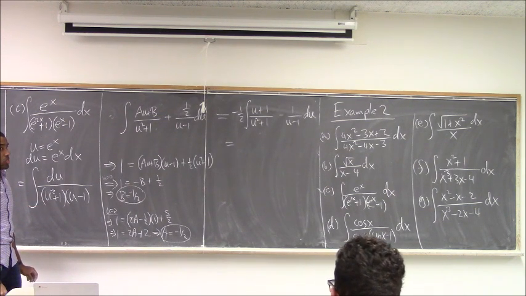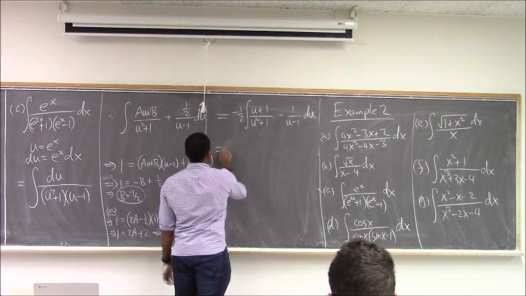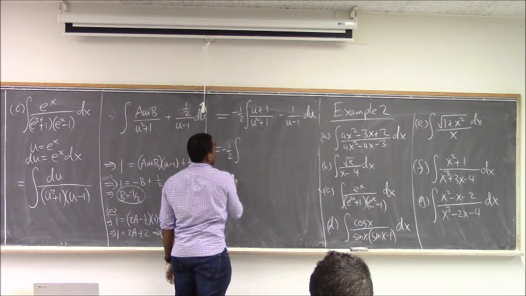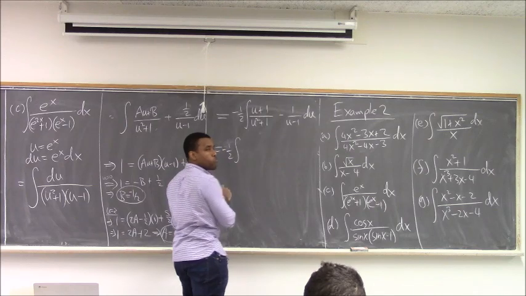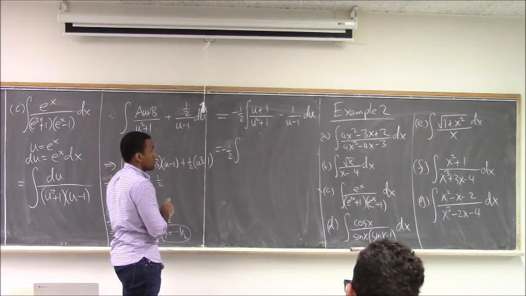It would be negative 1/2, okay? ln, absolute value, but there's going to be a number in front, I think it's ln absolute value of u squared plus 1. No. Oh wait, what is u equal? You said u, not quite sure.